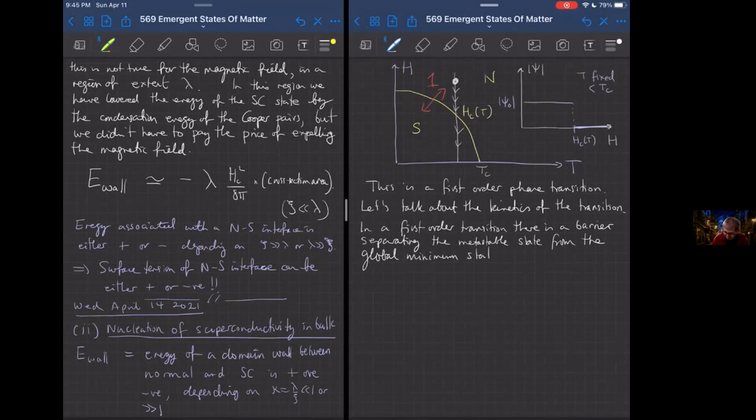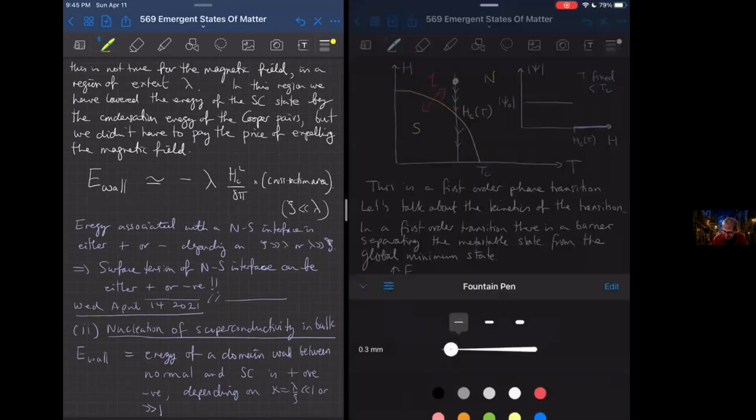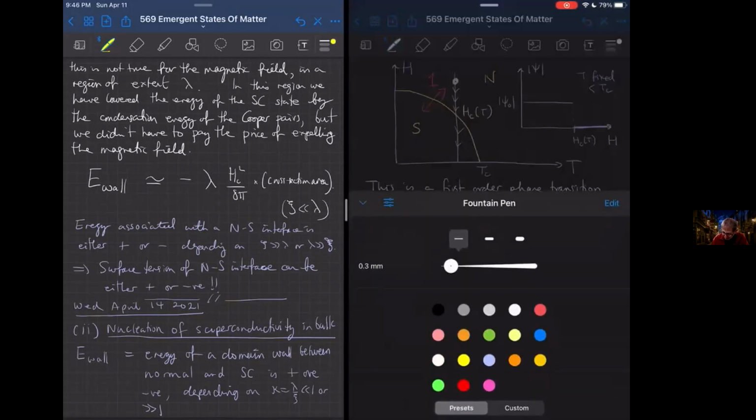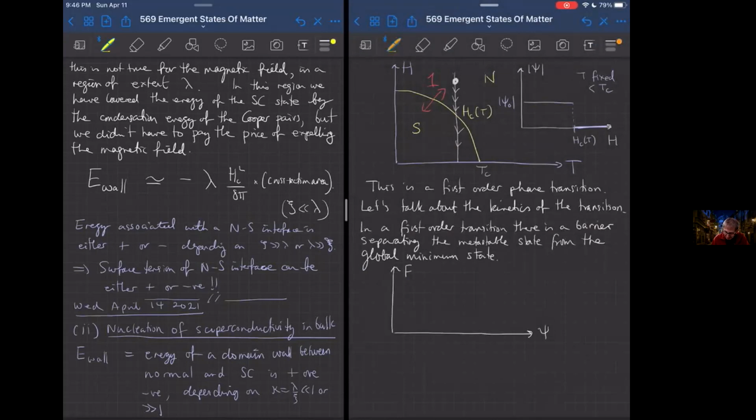And I'm only going to give you a very crude sort of mean field physical picture of what I mean by that. So if we were to draw this like so, this might be the order parameter, this might be the free energy, and typically what happens is you're in a state that is initially this one.